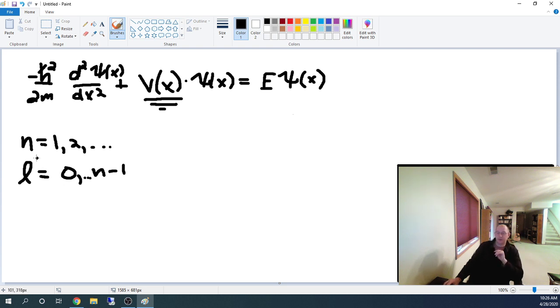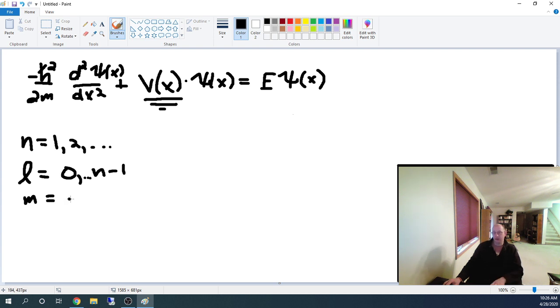Those are the values that the orbital angular momentum quantum number, the value of L, can take, which was one of the separation constants that came out of the angular separation. It's associated with theta. And then the phi one is the magnetic quantum number.